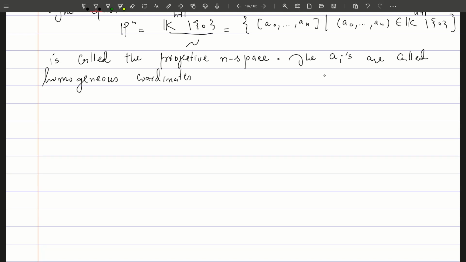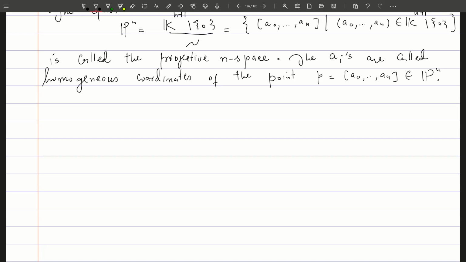So these are called the homogeneous coordinates of the point P, which is the point [a_0, ..., a_n] in P^n.